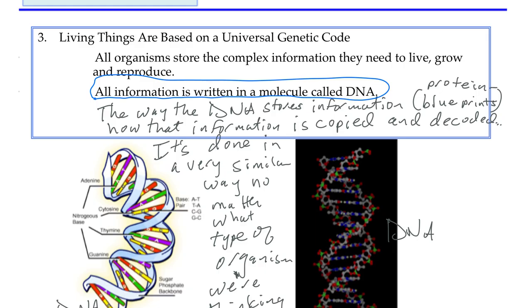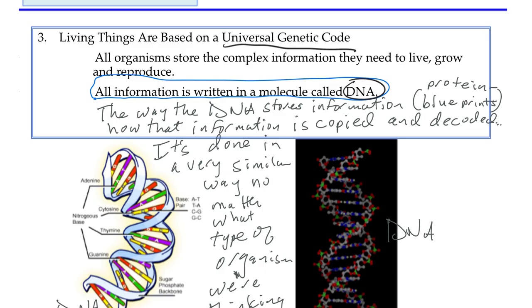So this third property of life is that all living things share the same universal genetic code. So what does that mean? Well, every living thing has its genetic material in the form of a molecule called DNA.